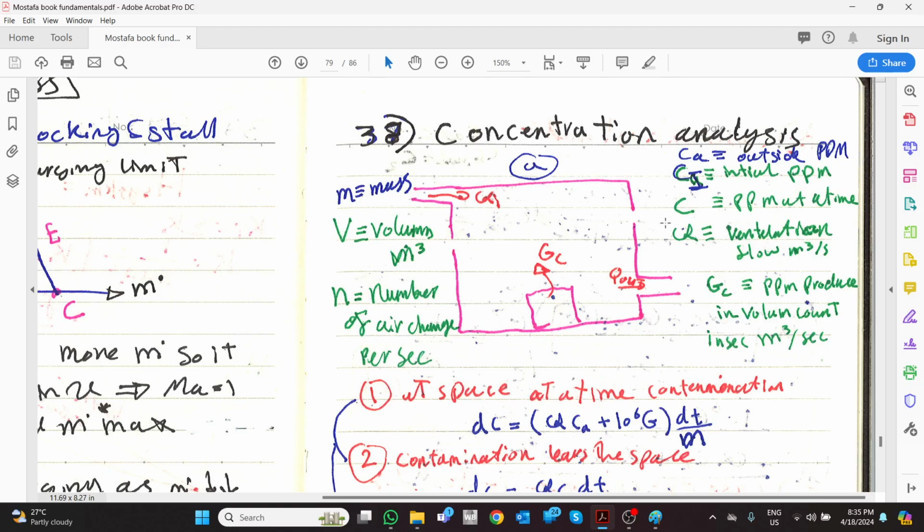The basis of the analysis is that you assume you have an area or volume, and you have a mass inflow, and you have a mass outflow, and you have a generation of a gas inside. You also know that the mass inflow coming from outside may have some gas, or it can be zero, and you push it out to outside.